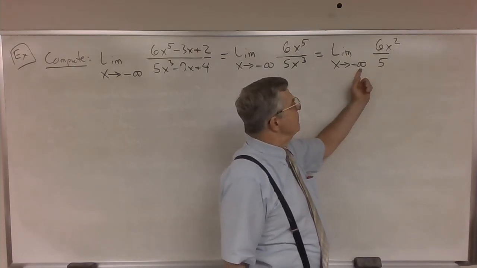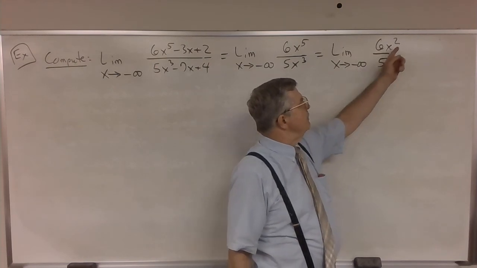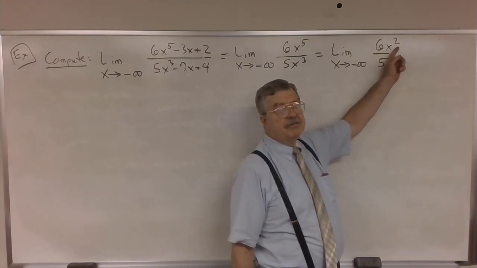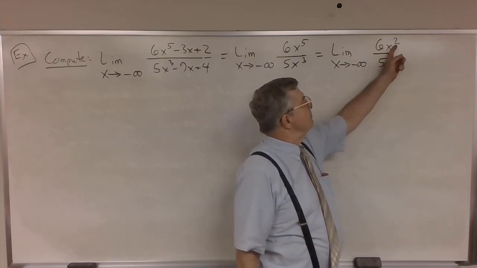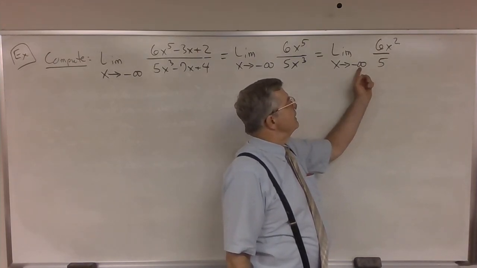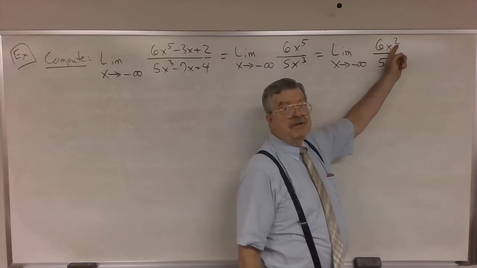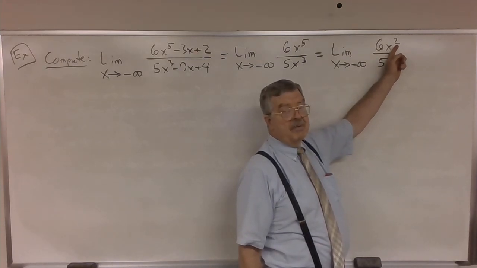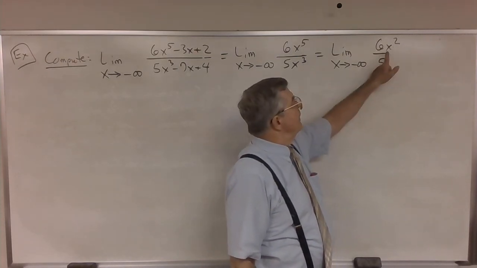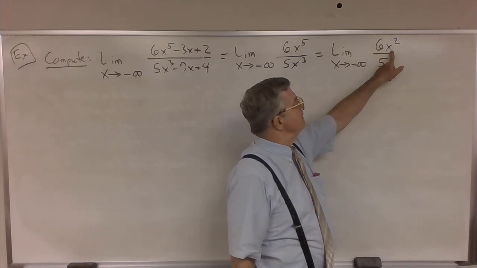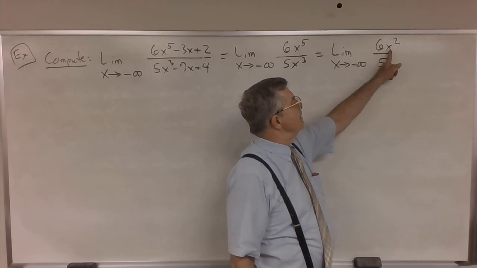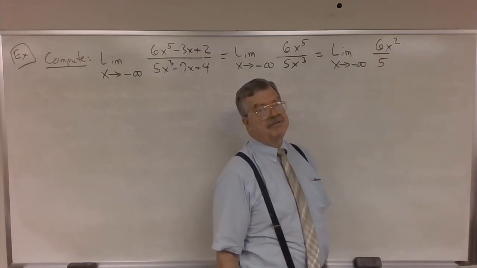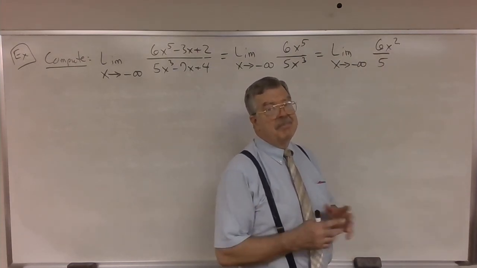And if we take something that's large without bound and square it, we're going to get something that's large without bound. So a negative squared is positive. Something that gets large without bound continues to get large without bound if we square it. So x squared is going to positive infinity.